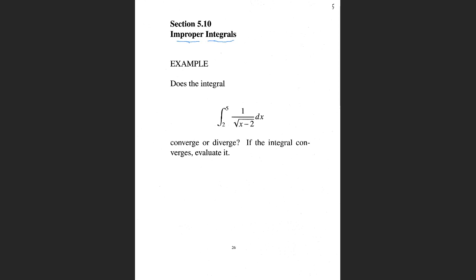The function here, f of x, is equal to 1 divided by the square root of x minus 2. What's making this integral improper? Do you have an idea?